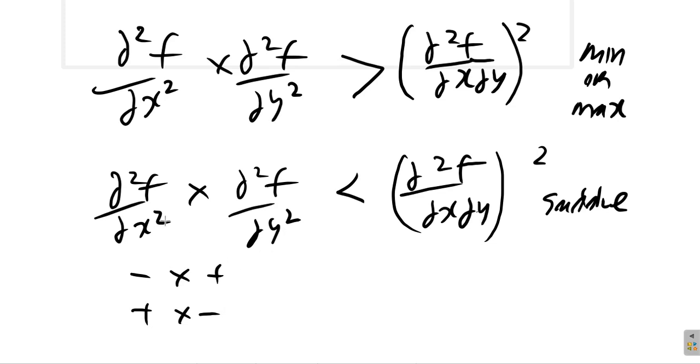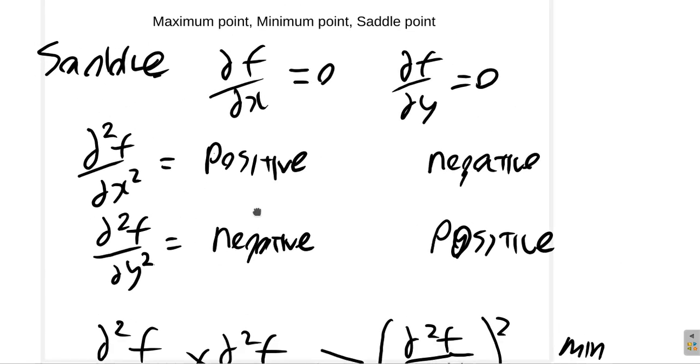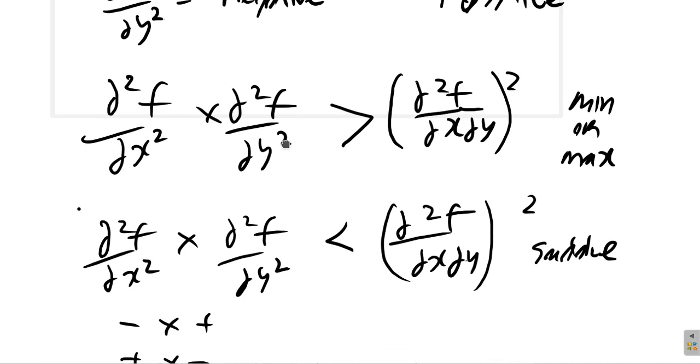So this is a negative, right? So this can be less than this, alright? So here now, those are the ways that you can determine whether you have a maximum, minimum, or a saddle point.